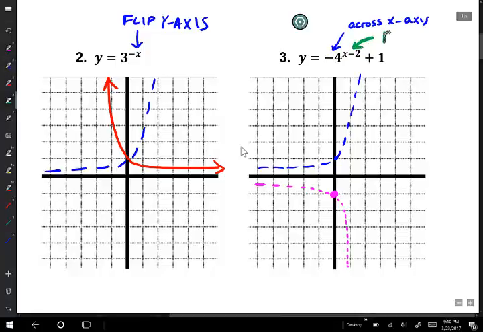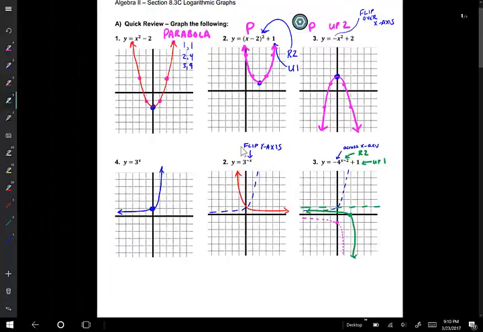That minus 2 is right 2, and the plus 1 is up 1. So from this purple point, we go to the right 2 and up 1. Because we went up 1, our asymptote goes up 1, and so it's going to look like the purple, but it's going to go over 2 and up 1. So there we go. All right, so there are three little examples of each problem, parabolas and exponential growth.